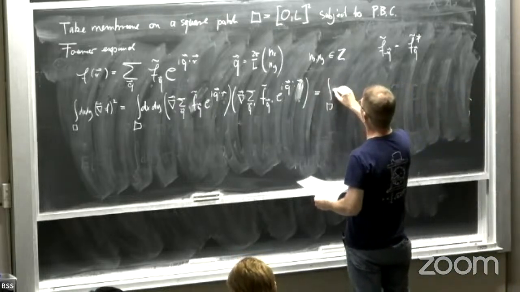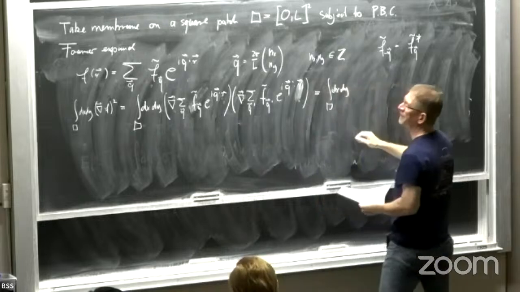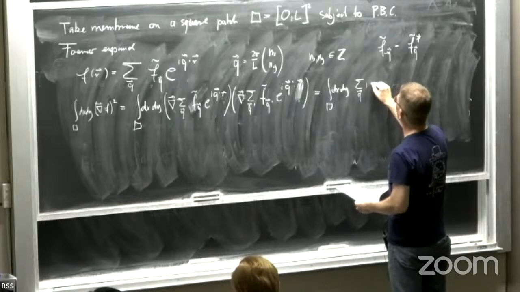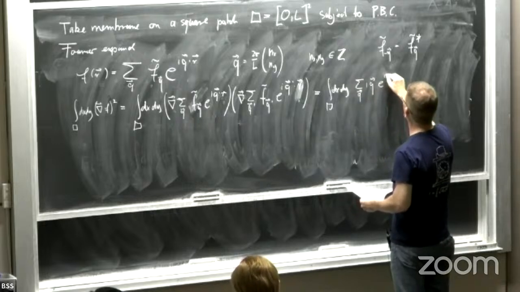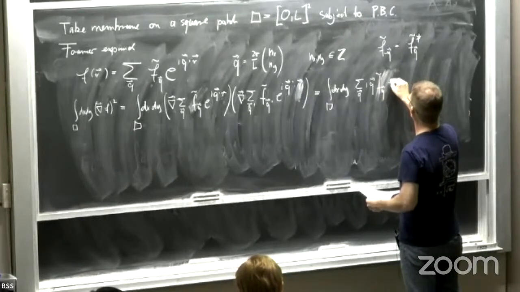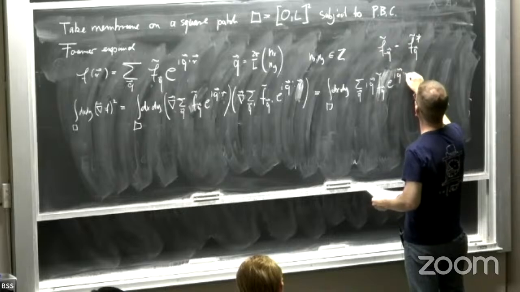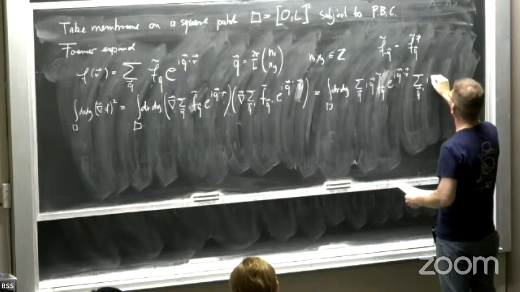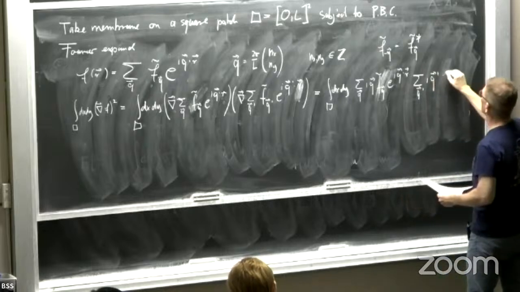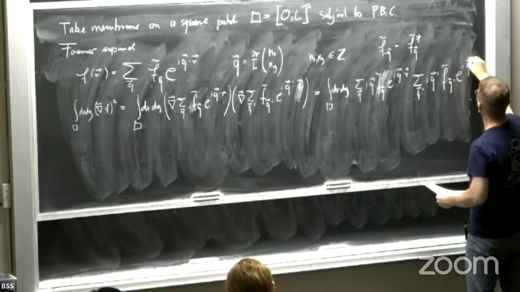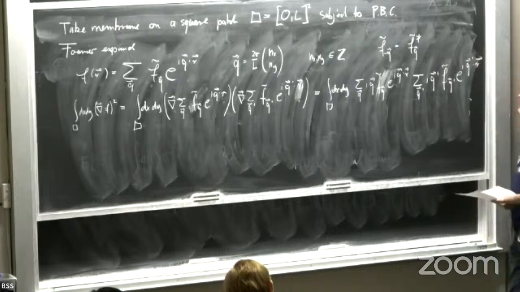So you get the integral dx dy, sum over q, iq e to the iq·r, and I keep forgetting the modes, f tilde q e to the iq·r, times the sum over q prime, i q prime f tilde q prime e to the i q prime·r. Looks all very nasty, but it will simplify rather quickly.